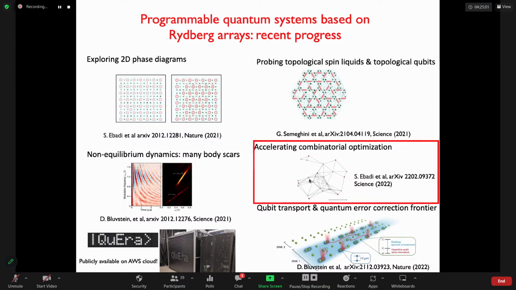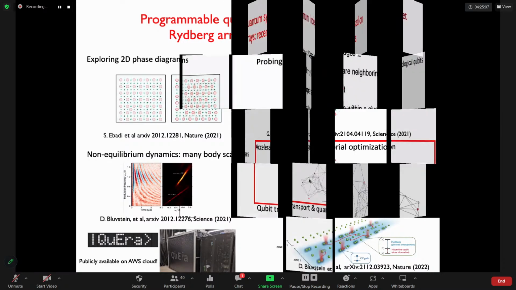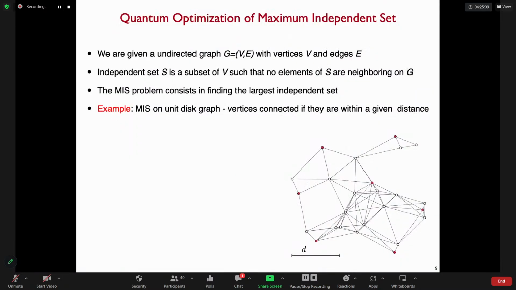this example of trying to accelerate the solution of a combinatorial optimization problem. One specific problem that I will focus on is called maximum independent set. It's a simple mathematical problem in which you're given a graph. The graph has some vertices which are connected by edges.